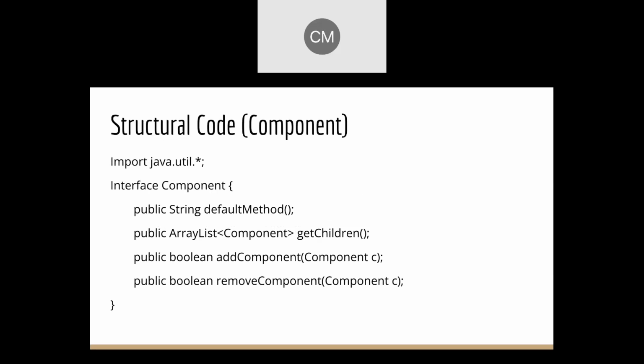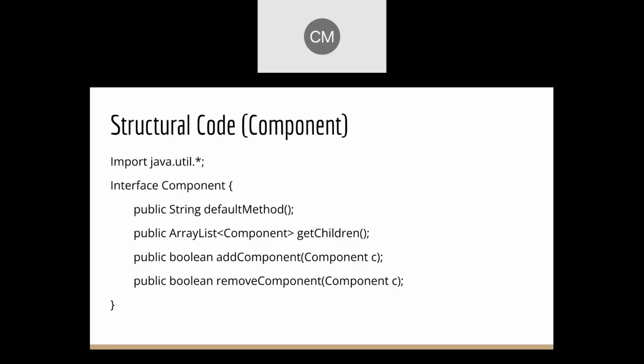So here is an example of some structural code, and this is a component. And remember, a component could be a leaf or a composite. And the implementation will be the same for both the composite and the leaf for the component. So, like we talked about in the last slide, we have a public string default method, which all these methods will be implemented throughout the leaf and the composite implementations.